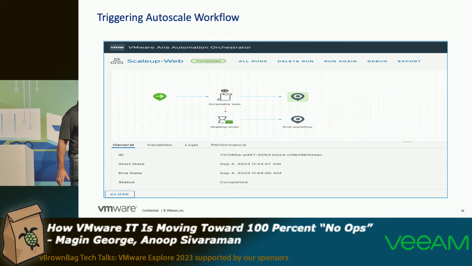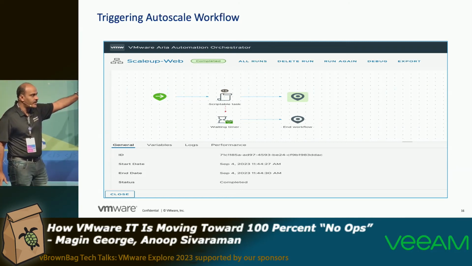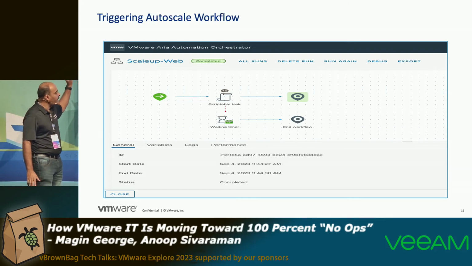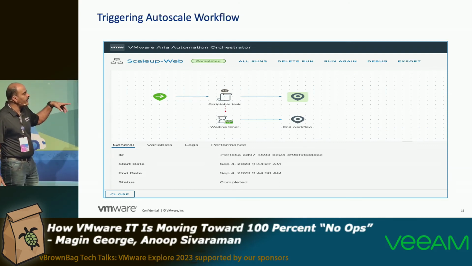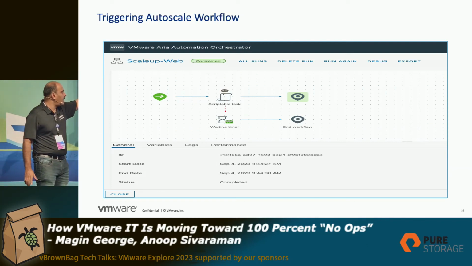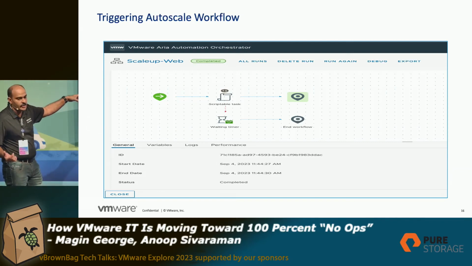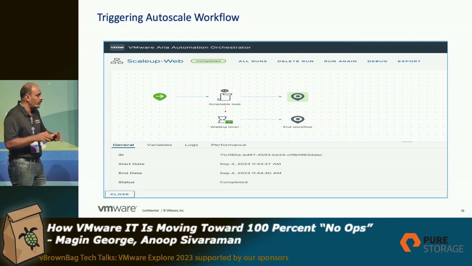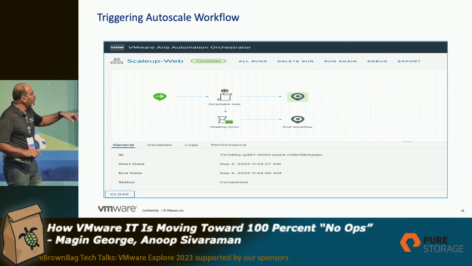It's a very easy to use drag and drop wizard where you can create workflows. The webhook call or notification calls this workflow, which has a scriptable task that increases the deployment state of that Kubernetes workload. So that gets triggered.